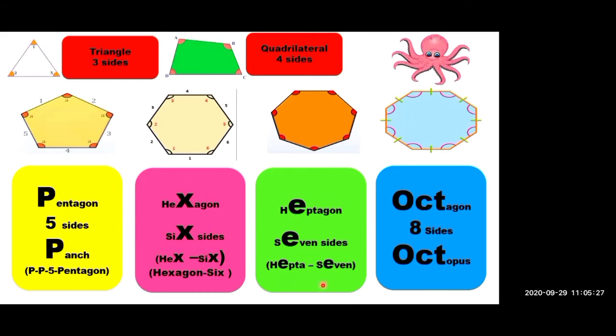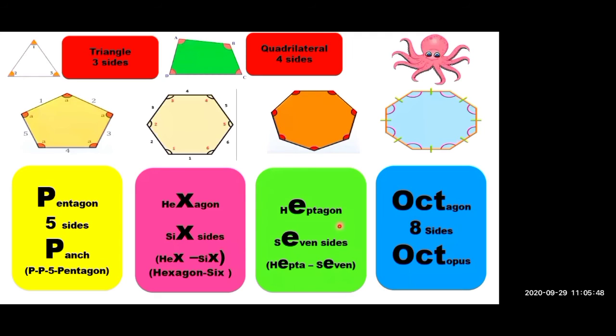Okay. So how many sides are there in heptagon? 7 sides. Hepta 7. Hepta का E और 7 का भी E. So we have to remember this E letter in heptagon.